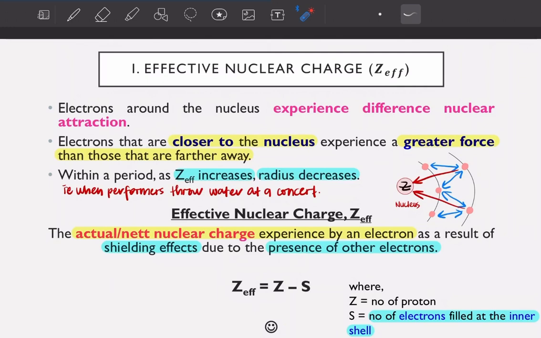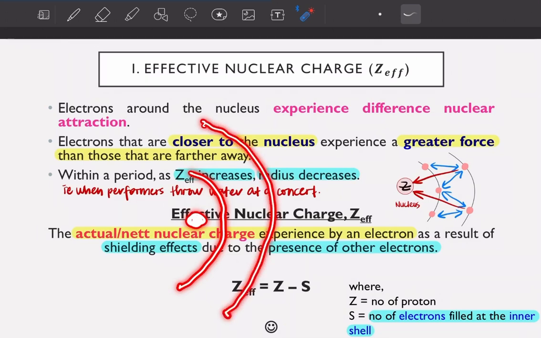So sekarang awak punya audience tu, this is your performer. Your audience tu ada yang dekat barricade kat depan sekali. And then ada yang dekat standing area yang belakang sikit, row yang ke belakang. And then lepas tu ada yang dekat sitting pula, kat belakang lagi, jauh lagi.